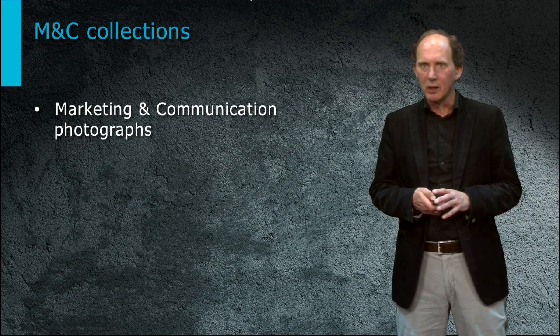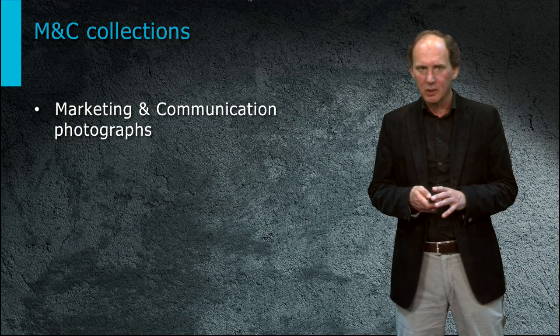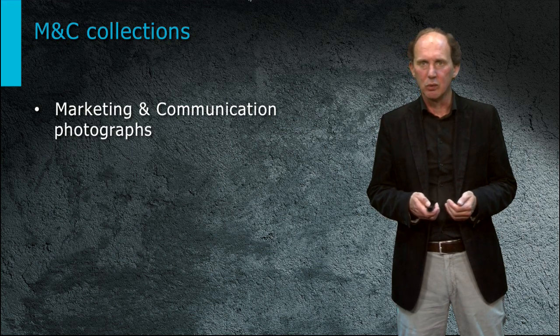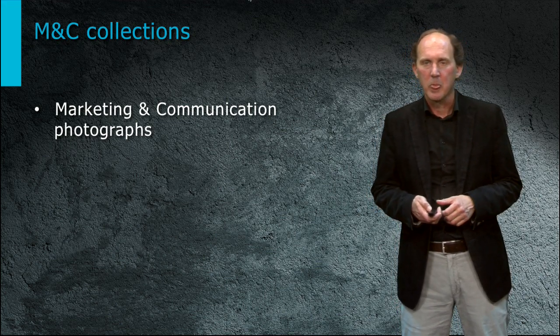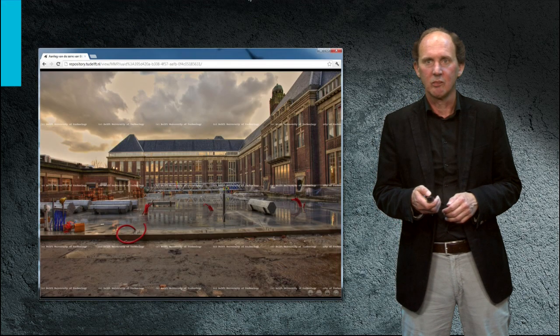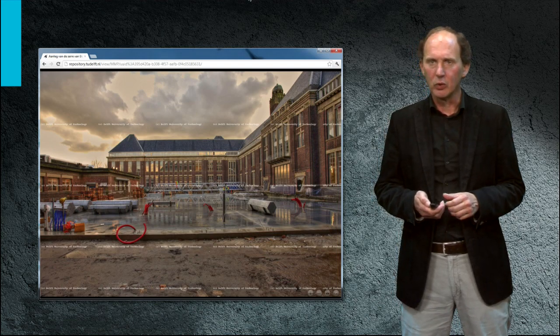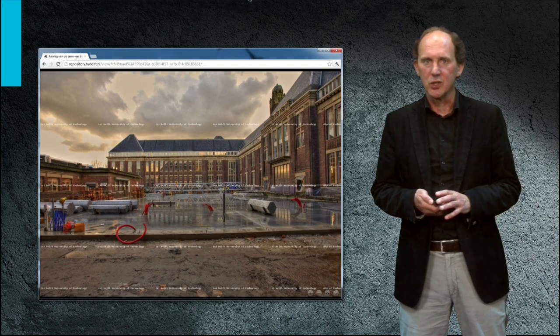Then for the marketing and communication collection, we have a large collection that was taken by professional photographers. And this is an example. What you see here is the building of the greenhouse in front of the Faculty of Architecture.